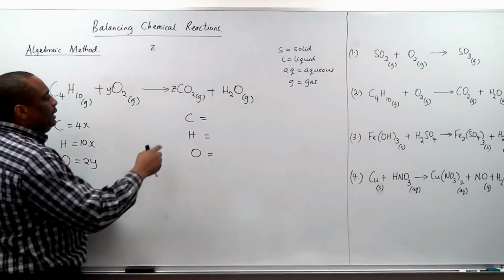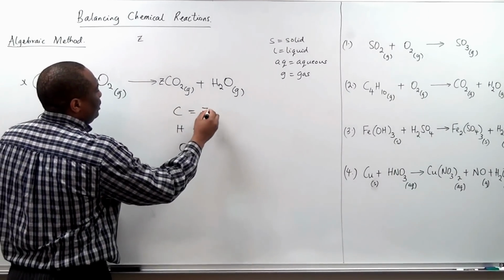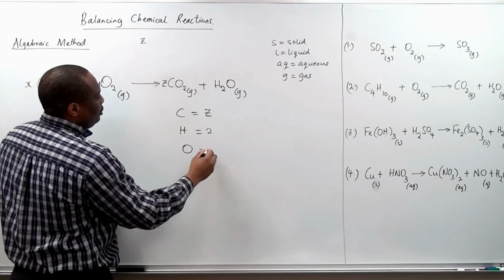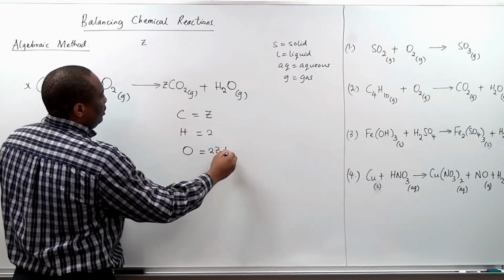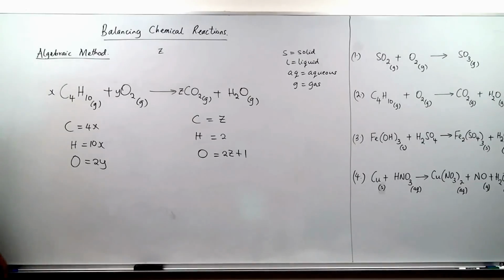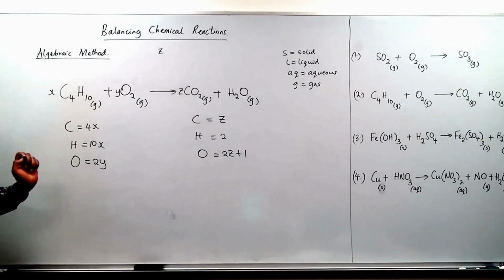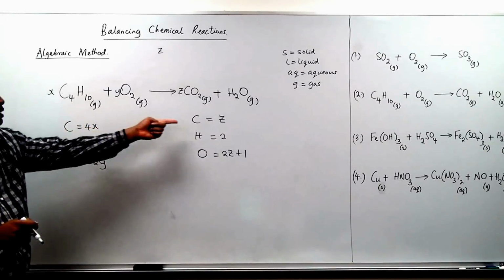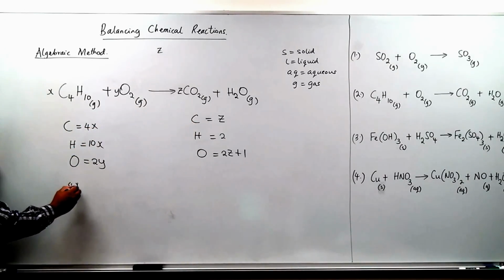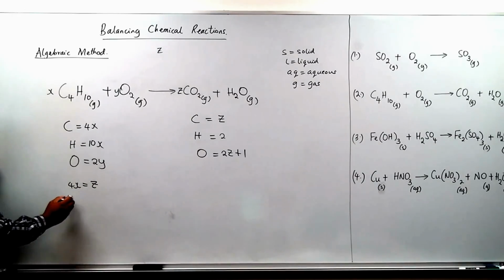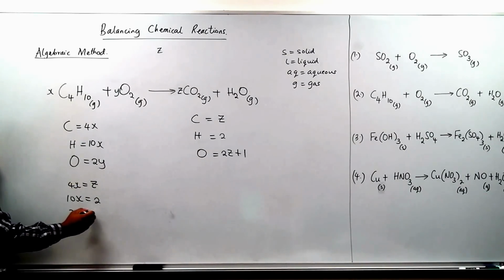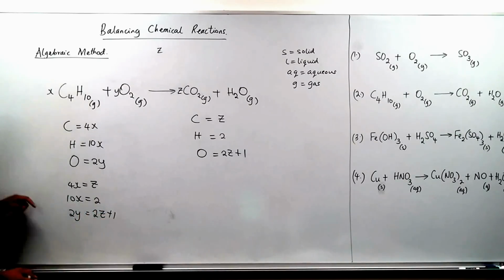Here, C is z, H is 2, and O is 2z plus 1. So, 4x is equal to z, 10x is equal to 2, and 2y is equal to 2z plus 1.